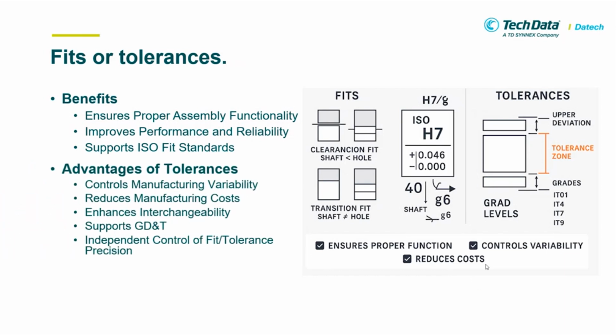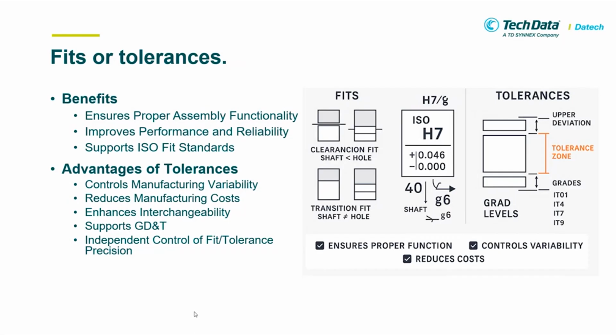Advantages of the tolerances in Mechanical Toolset include control of manufacturing variability, reducing manufacturing cost, efficiency in interchangeability, support for GD&T, and independent control of fit and tolerance precision. You can set the precision of fits and tolerances separately from the dimension value, allowing the user to work on the drawings in a more appropriate manner.